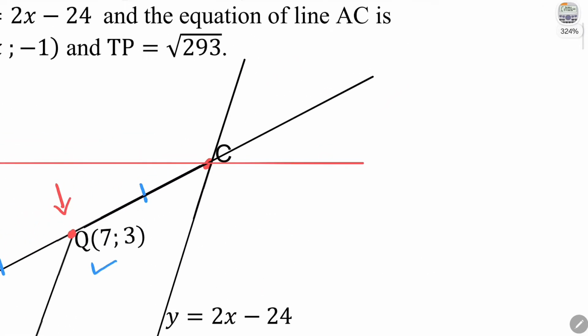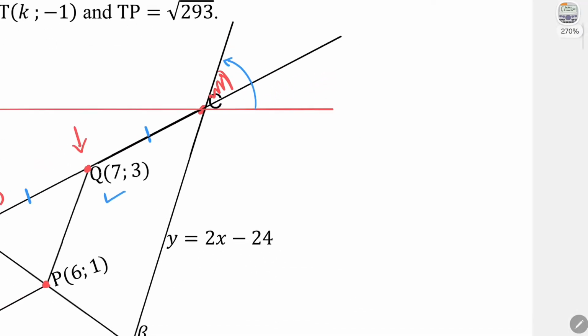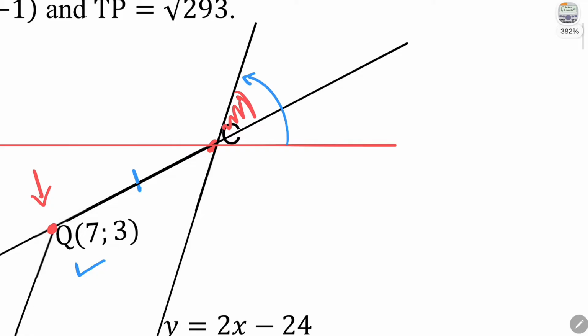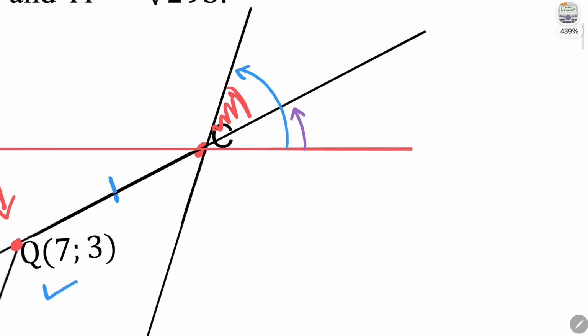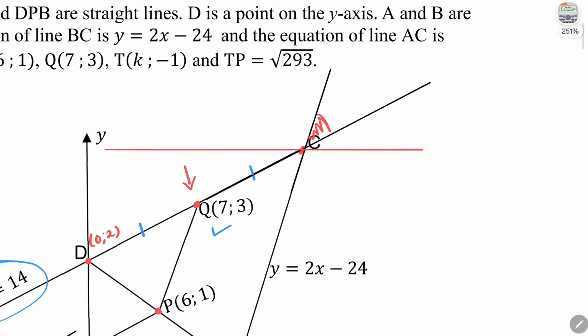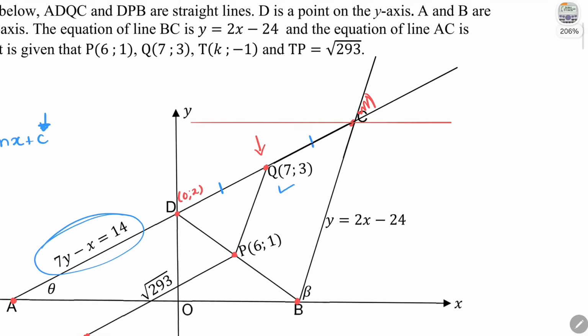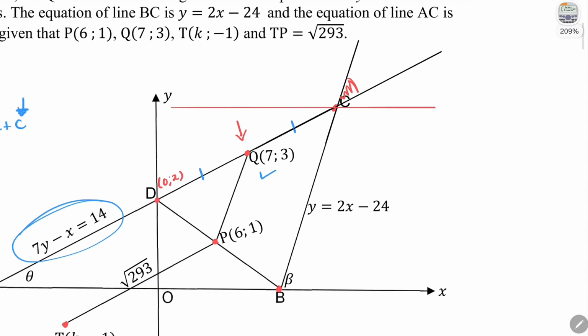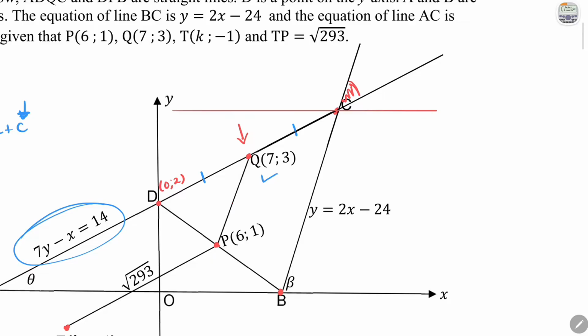From this, you can see that in order to find the angle we're looking for, we simply have to find the angle of inclination of line BC, and subtract the angle of inclination of line AC, and then you're going to get this angle ACB. So it's this entire angle minus this entire angle, and that leaves you with that red part. Let's go ahead and find these. We just need their gradients to find those angles of inclination.